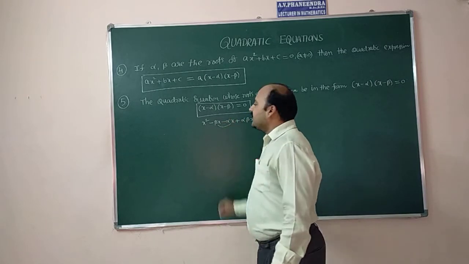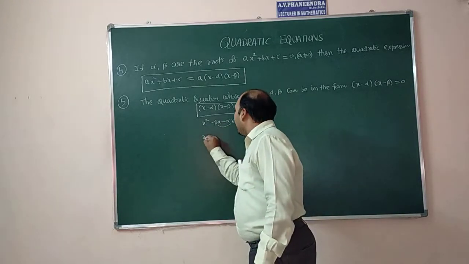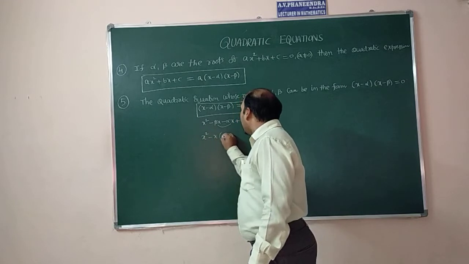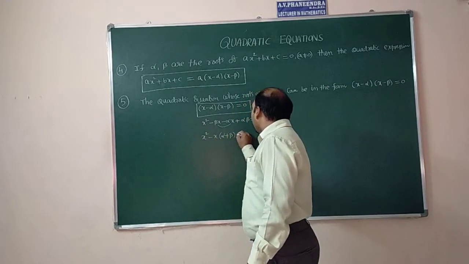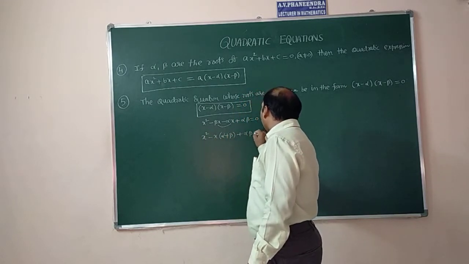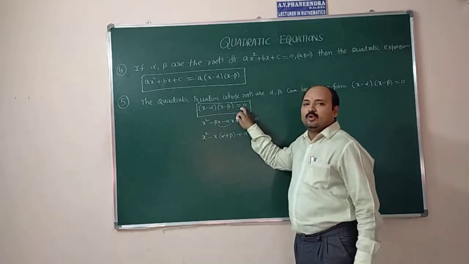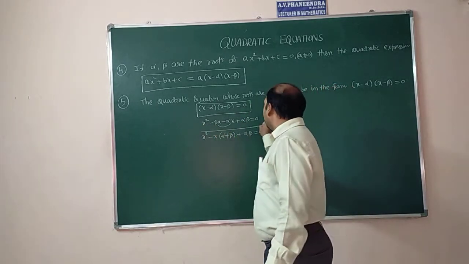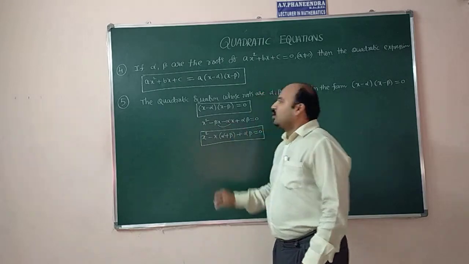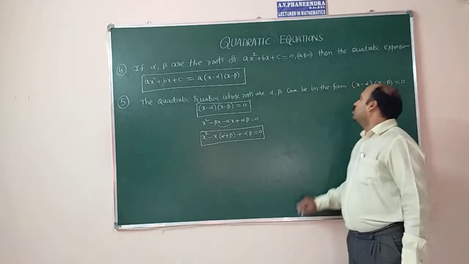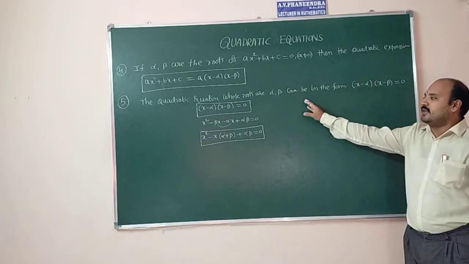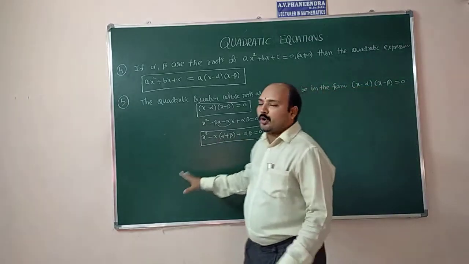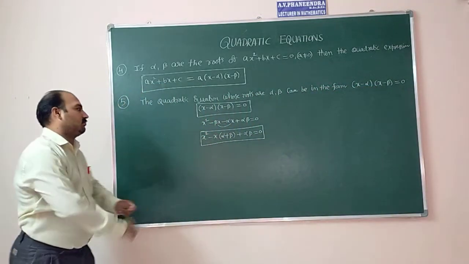From these two minus x, if you take common, x square minus x into alpha plus beta plus alpha beta equal to 0. Either this equation you have to use or this equation also we can apply to get that quadratic equation whose roots are alpha comma beta. This is also very important. For 2 marks they will ask.